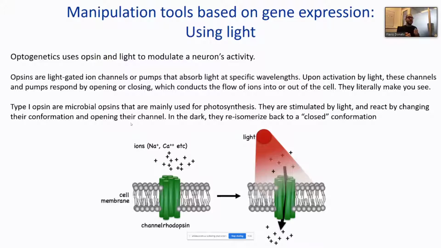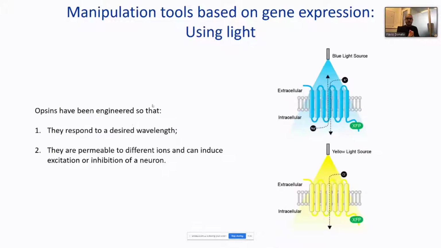So they're very fast in switching on and off based on the presence or absence of light. And these proteins have become the substrate of engineering efforts that have made them able to respond to a desired wavelength, wavelengths that normally we would not see in the light around us, and able to become permeable to selective ions, specifically sodium, potassium, and chloride ions, so that we can tailor this protein to induce the activation or inhibition of a neuron by just giving light at the appropriate wavelength.